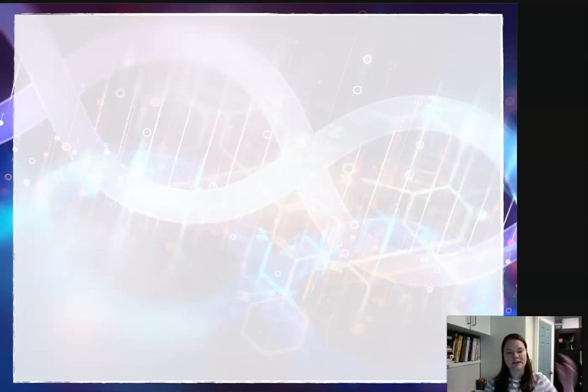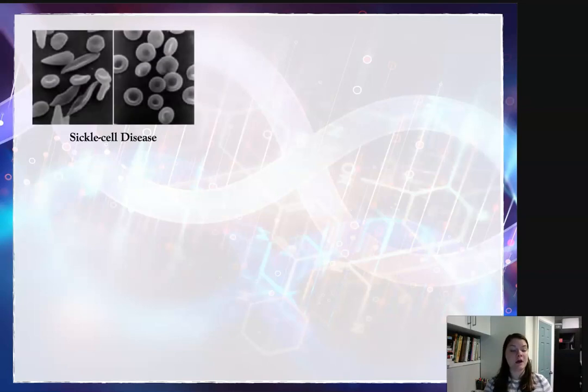So we can look at mutations, and a lot of them are associated with diseases. For example, it just takes one amino acid change in the gene for hemoglobin to go from having a normal red blood cell that looks nice and round, to what is very sickled, kind of like the big chopping thing that farmers use to cut down wheat, which is a sickle.